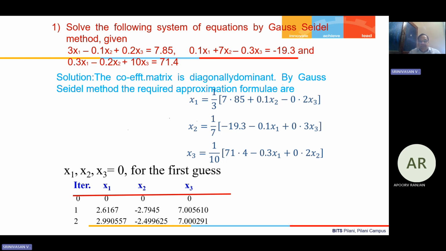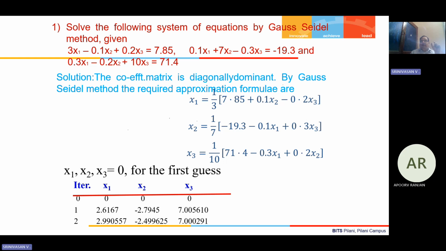Go to the second row, where the principal diagonal element is 7, which is greater than 0.1 plus 0.3. Go to the last equation. The principal diagonal element is 10, which is greater than 0.3 plus 0.2.